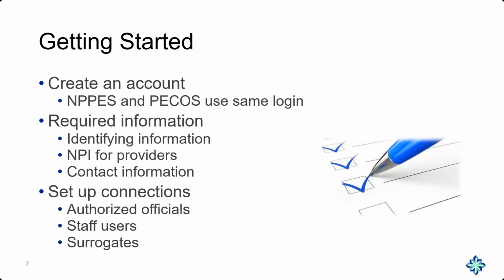That user ID and password is going to allow you into a system where you're going to be able to set up staff users and surrogates. So if you're a credentialing office, you're going to be able to have those staff work on behalf of your group, your organization. That's what authorized official means in the context of getting started with PECOS.